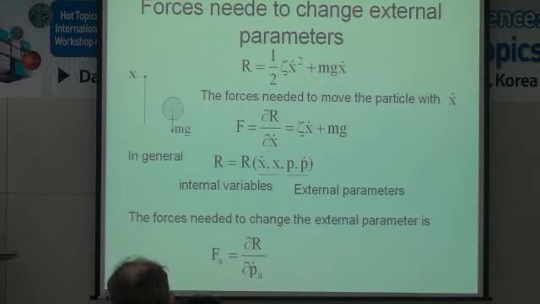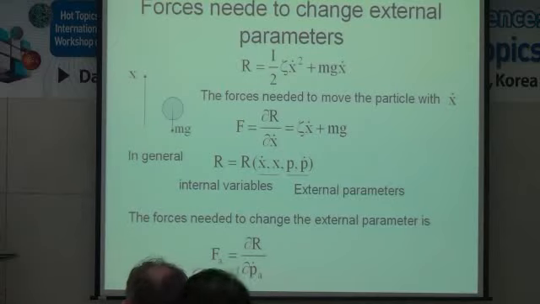Now suppose that x is not a parameter to be solved for. Suppose you change the position of the particle externally. You put your fingers on the particle and move it. You regard x as a variable that can be controlled externally by hand.